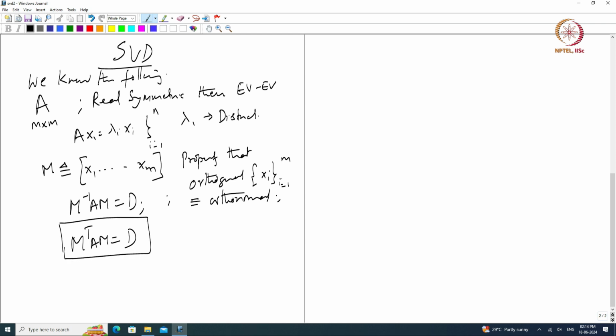This is the result on orthogonally diagonalizable. What? A is a real symmetric matrix with distinct eigenvalues.